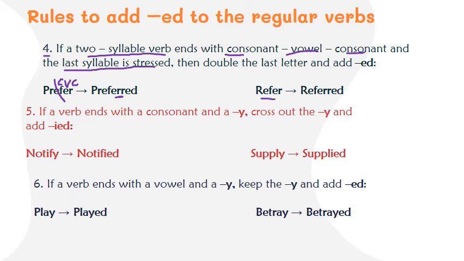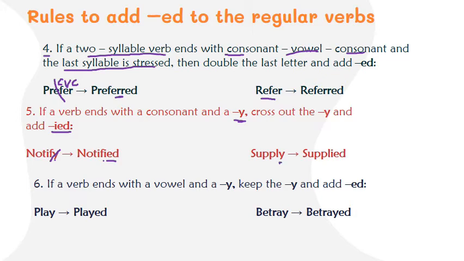Prefer or refer. If a verb ends with a consonant and then y, as you know earlier, cross out the y and then add ied. Notify, consonant, then y, the y becomes i and then I add ed.